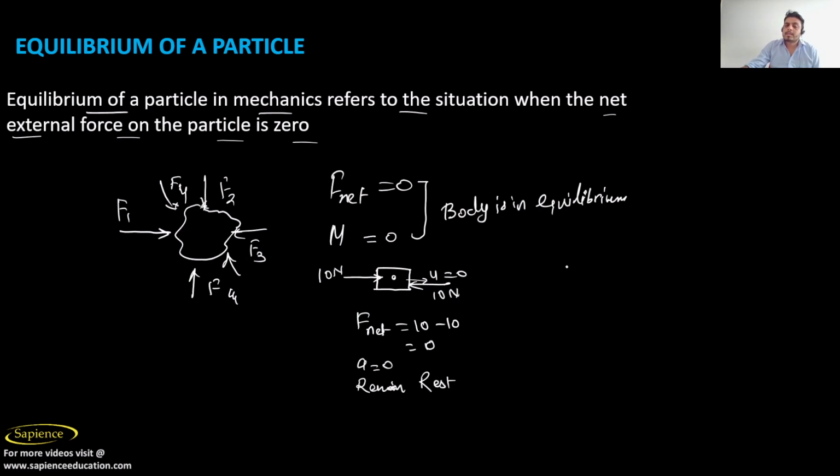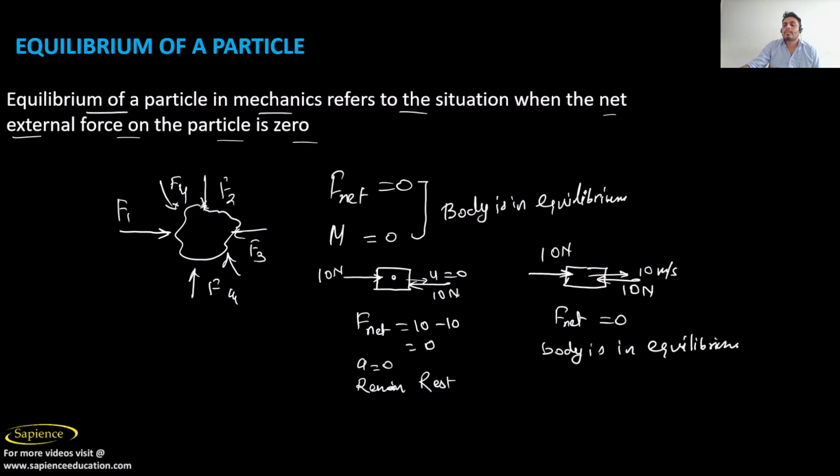Now see, a second situation may come. For example, a body is here and its motion is 10 meter per second, and a force of 10 Newton is being applied here, and from this direction also a force of 10 Newton is being applied. Then what will be the net force? Net force is 0, so we can say that the body is in equilibrium, and this implies that acceleration is 0.